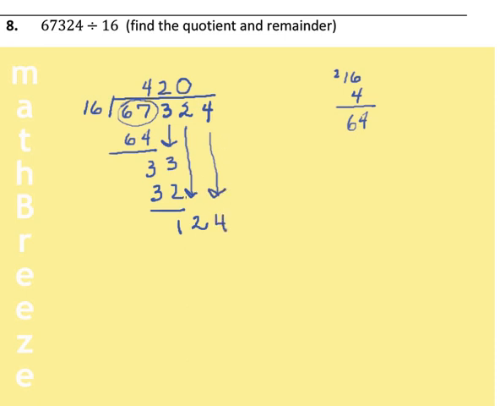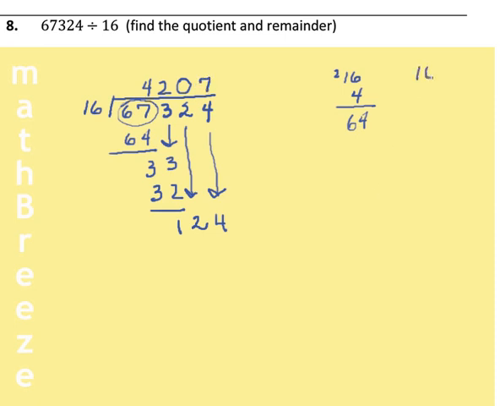So we end up with a 0 up here. And so now we're looking at 16 into 124. Okay, well, 16 times 4 was 64. If we double 64, we get 128. All right, that's too much. So let's go for 7, not 8.